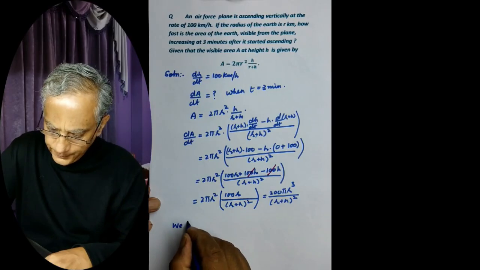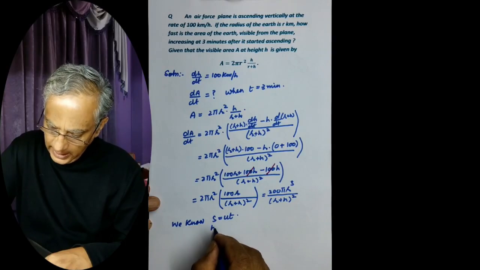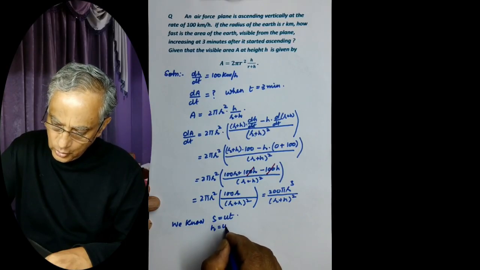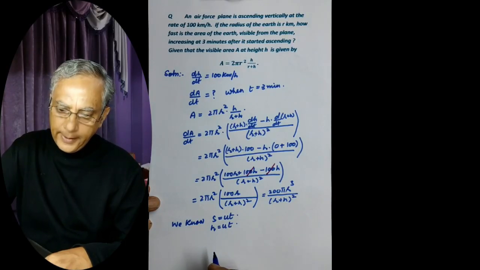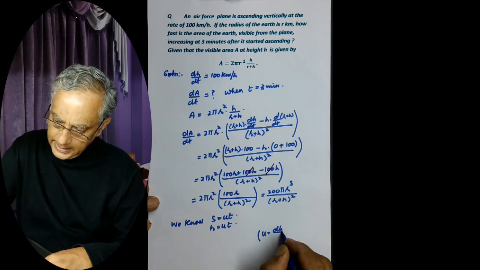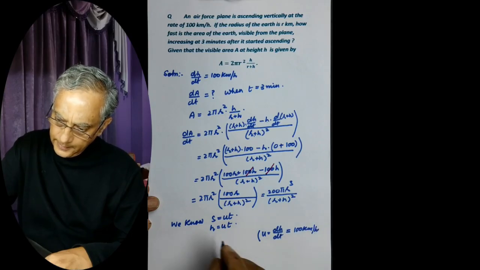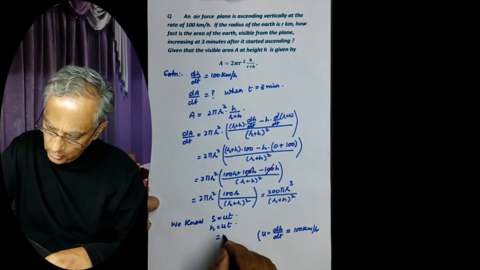Now we know s is equal to u t. Therefore h is equal to u t. Now u is equal to dh by dt, which is 100 kilometers per hour. So h is equal to 100 t.